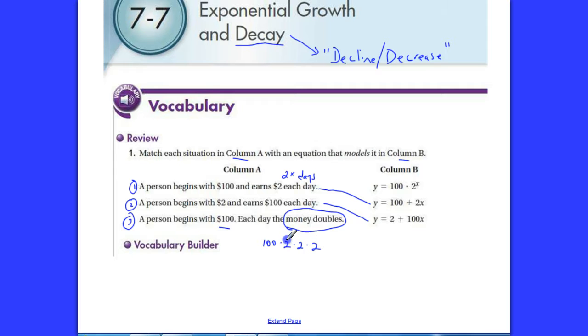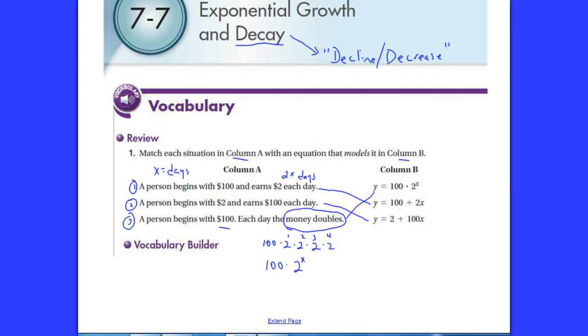So that's day 1, day 2, day 3, and then you take that times 2. That would be the fourth day. So what you really have there is 100 times 2 to the power of however many days have gone by, and that's why it's 2 to the x if x represents the number of days. So x in all three of these represents the number of days, and those equations model that.